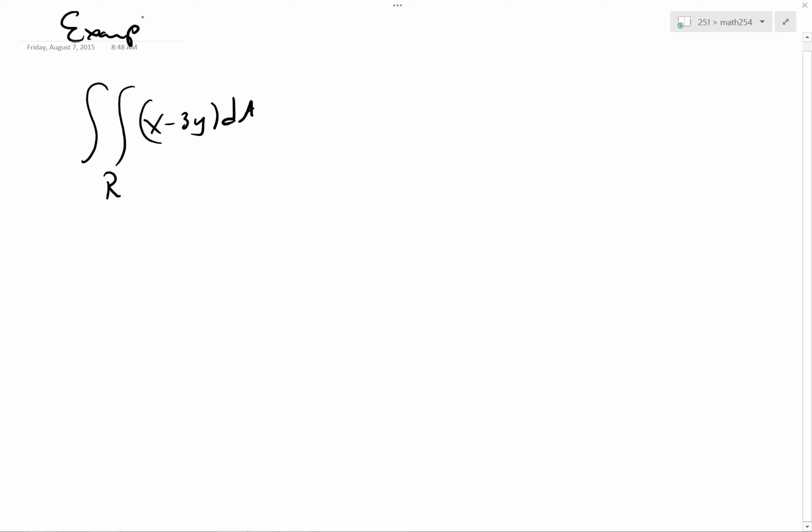Suppose you integrate over some region x minus 3y dA. And, ooh, cool. So we're going to integrate it over the region with vertices (0, 0), (2, 1), and (1, 2).